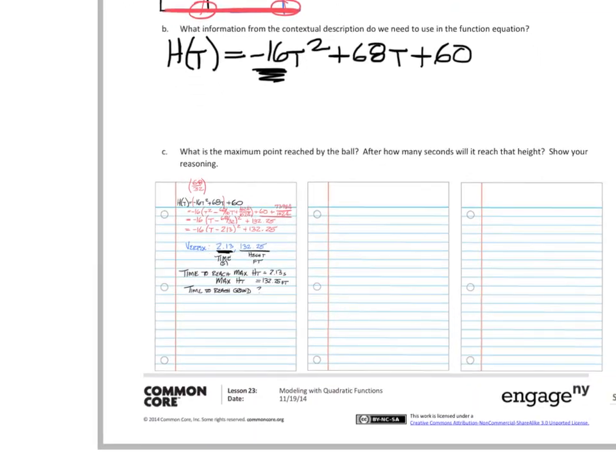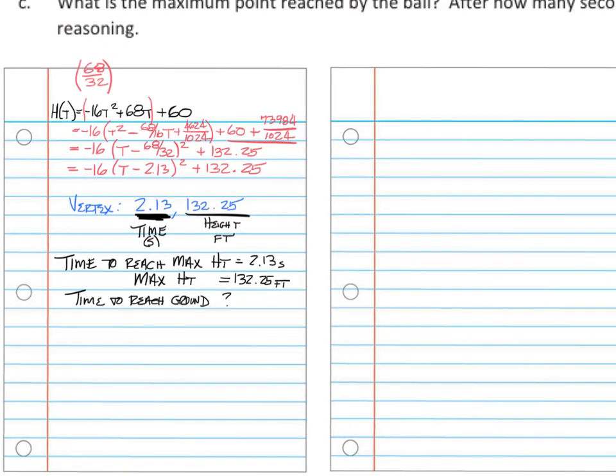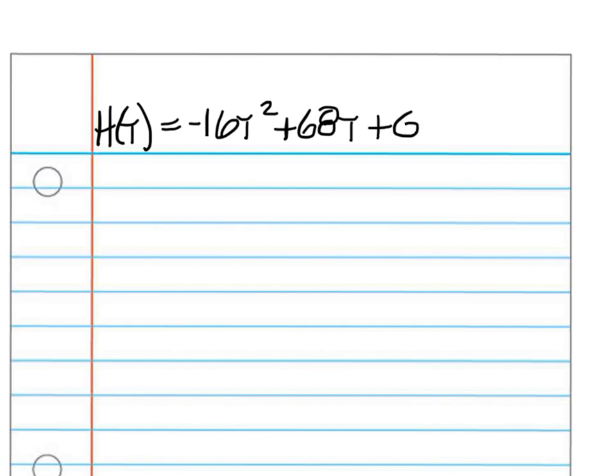So if we come back down here to the notebook paper, and we'll start on a new sheet. Here is the function that we had, h of t equals negative 16t squared plus 68t plus 60. This is why we did the quadratic formula when we did, because we're going to need it from there up to now and beyond.